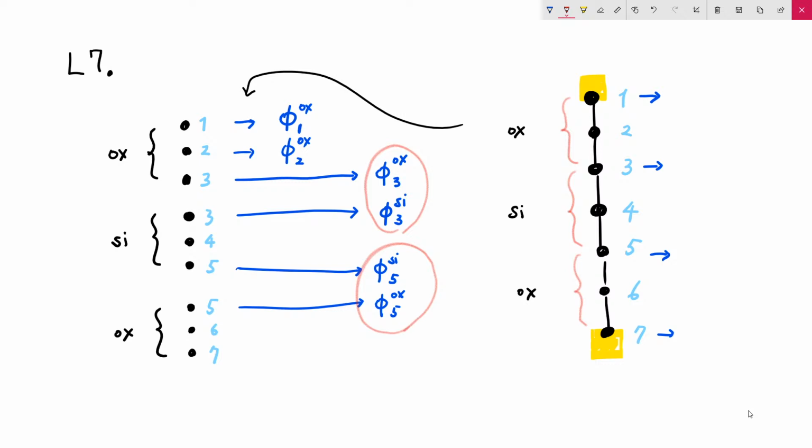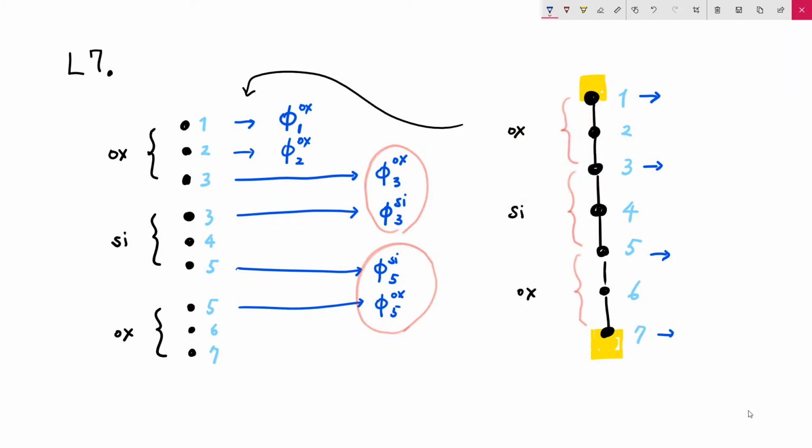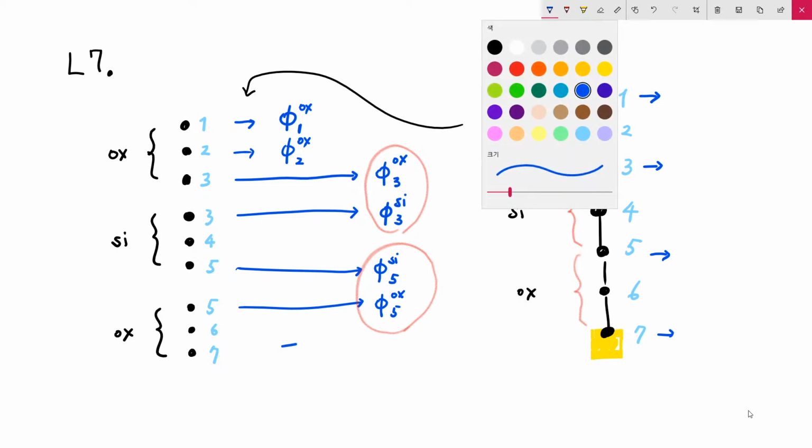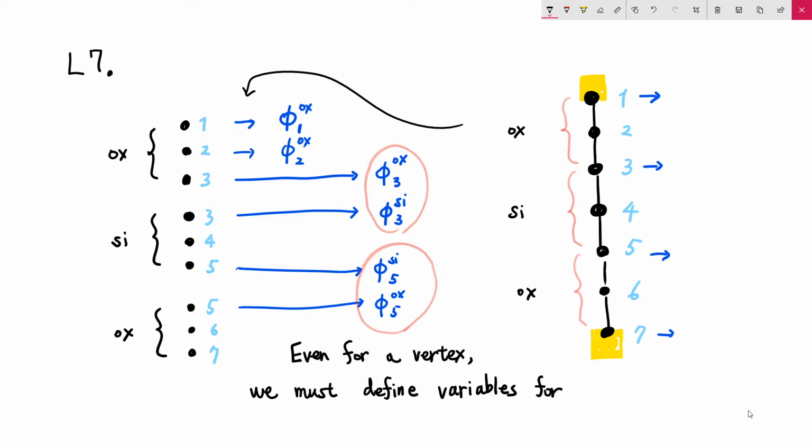Yes, this concept is important. It means that even for a vertex, we must define for okay, so can you read it here?